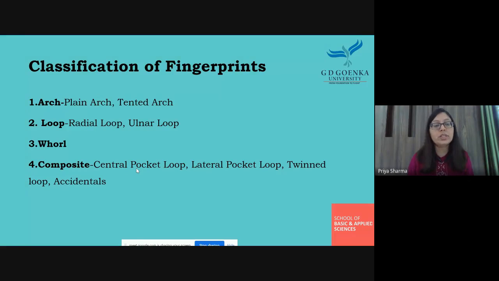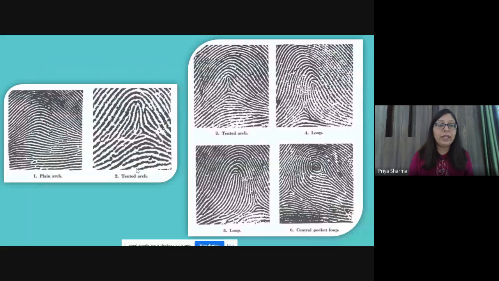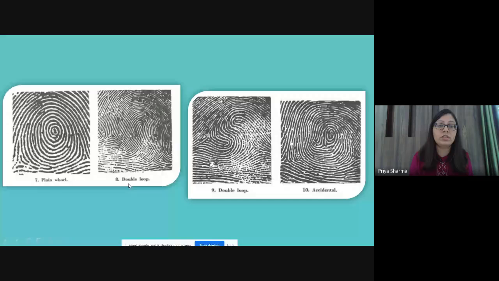You will notice in your fingertips that these patterns are present. Here is a plain arch, a tented arch, then there is the formation of a loop where you can see the core is present, and the delta is present. In the case of a central pocket loop, one delta and a central pocket-like structure is present. Then this is the whorl pattern, a round pattern.